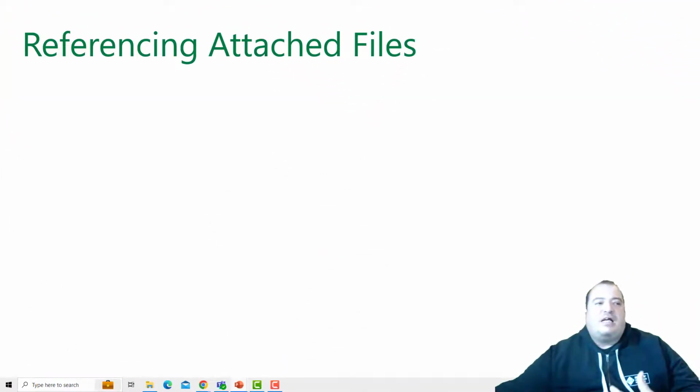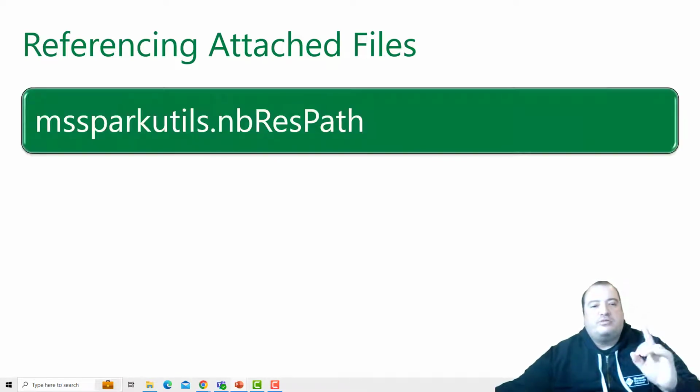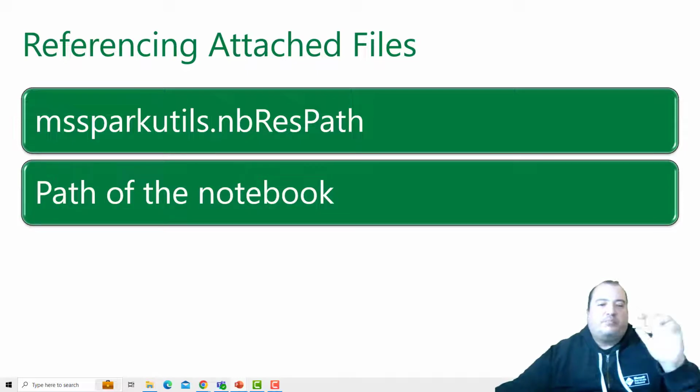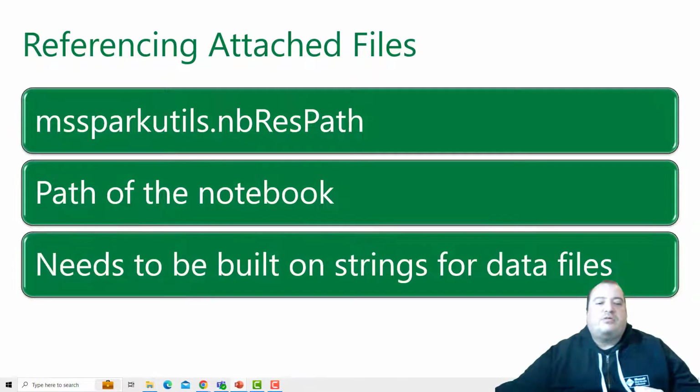About referencing attached files, how do we make the reference to attached files? This we saw in the example script. We used mssparkutils.nbResPath to get the path of the notebook, and then from the path of the notebook we completed it with the built-in folder and any folder we have created. So this property returns the path of the notebook and needs to be built into strings for data files.